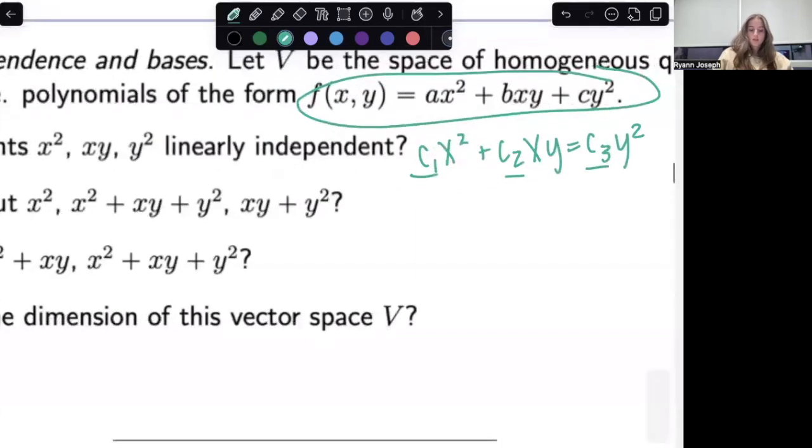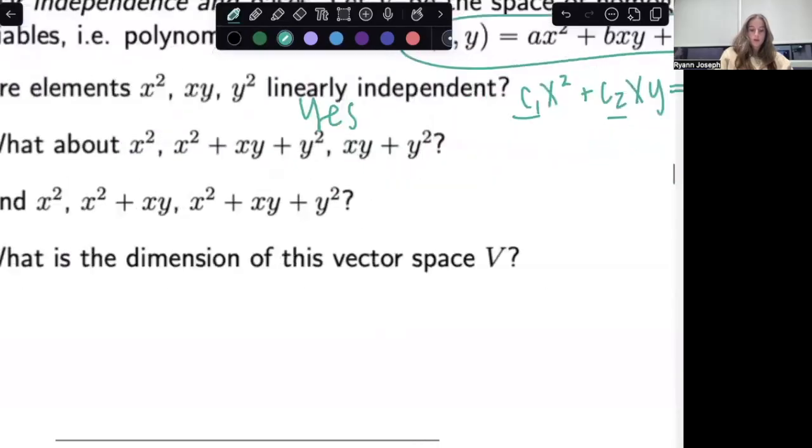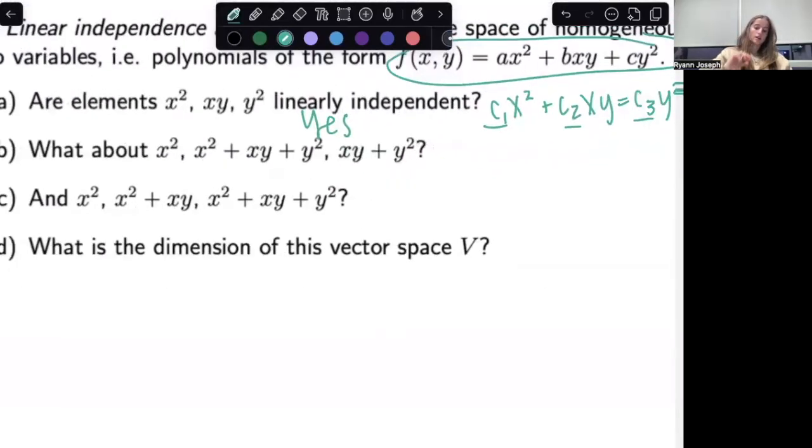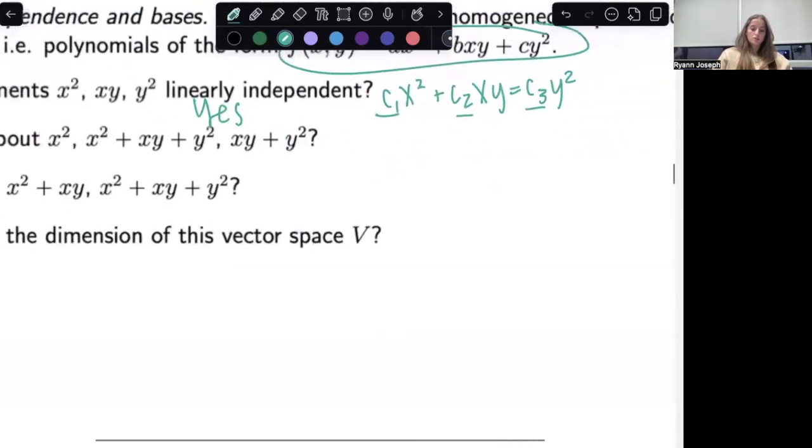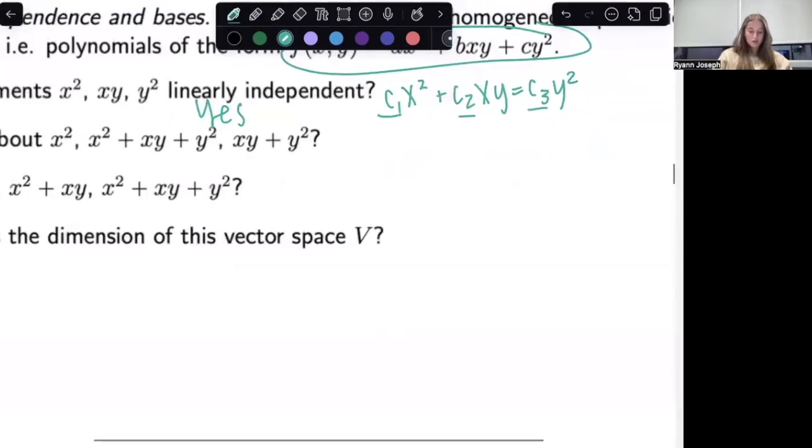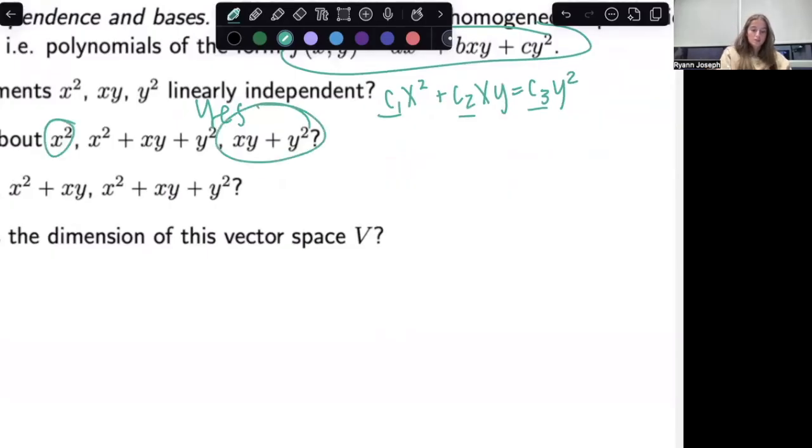So they are linearly independent. What about x squared plus xy plus y squared, x squared plus y squared? Well, obviously no, right? Because I can take the first two, this plus this, and that equals this. These ones are very obvious questions.